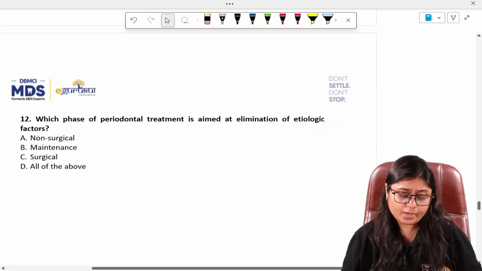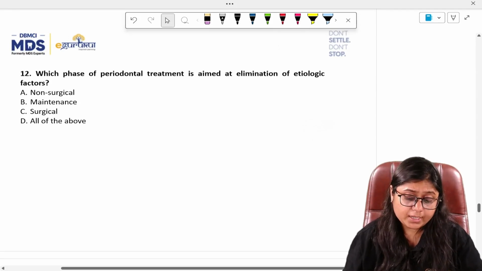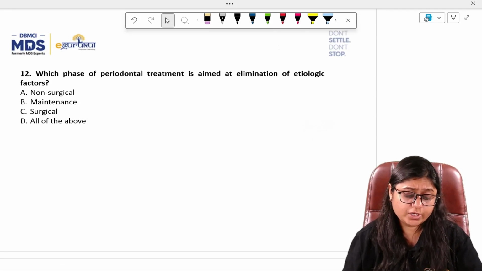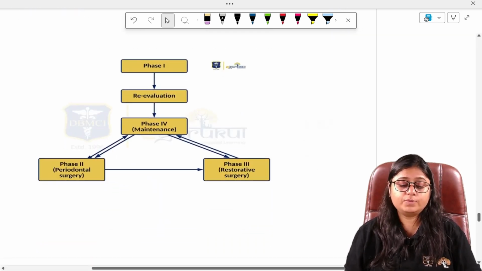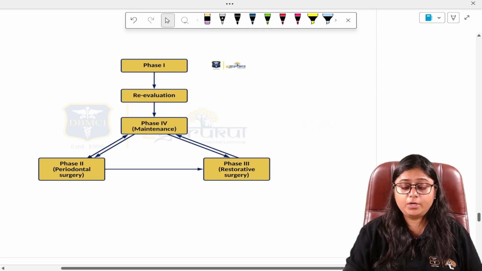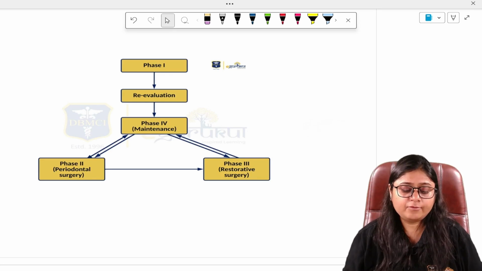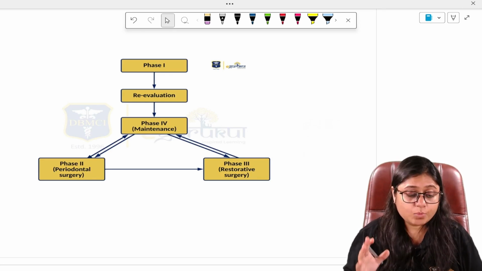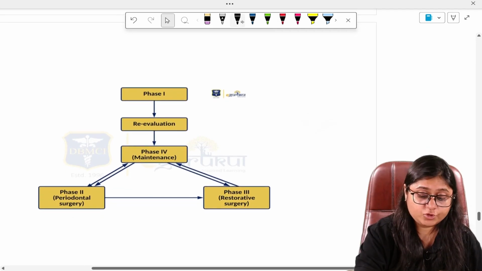Now the next question is, which phase of periodontal treatment is aimed at elimination of etiologic factors? For this, you must know this table. Just remember this flowchart and you will be able to answer the questions pertaining to this topic. Always remember that phase 1 is the etiotropic phase, and before phase 1 there is an emergency phase.